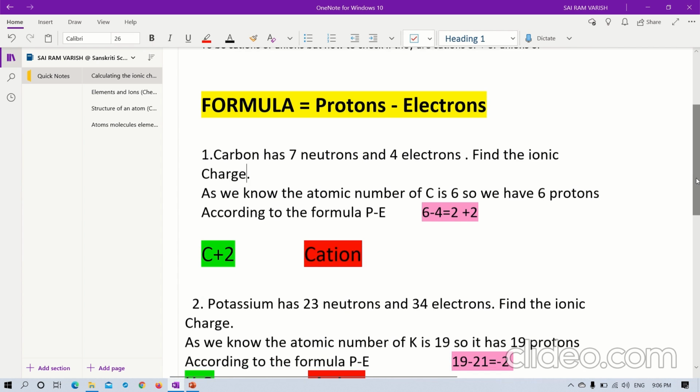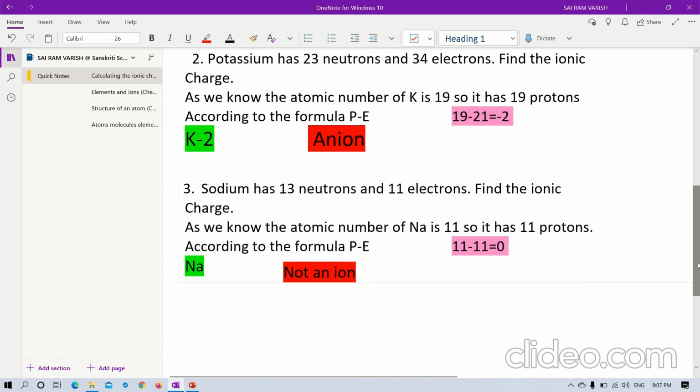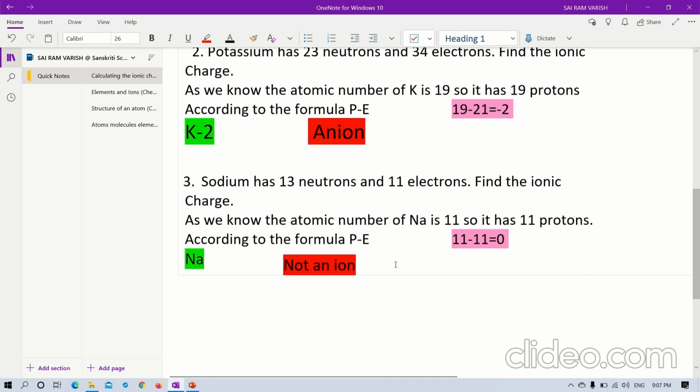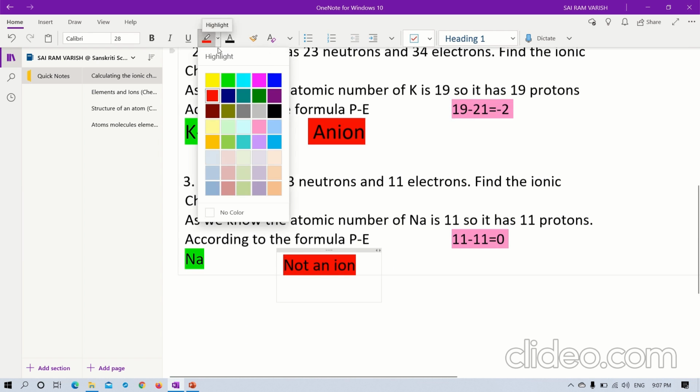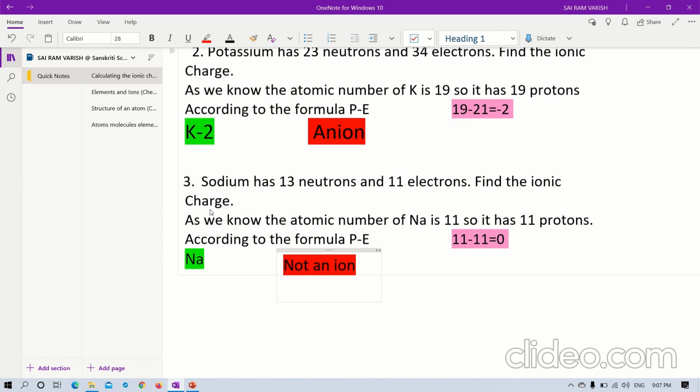In all these three questions, a certain number of neutrons and electrons are given, but not all atoms have the same number of neutrons and electrons. They are just different isotopes, or different forms, of that element.